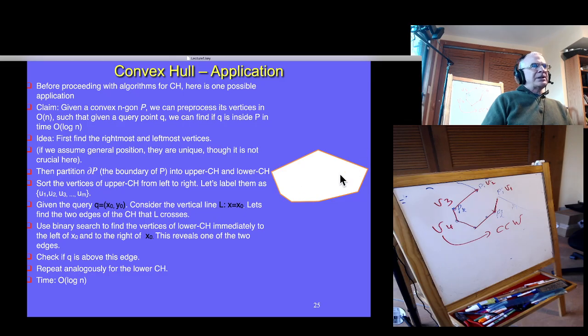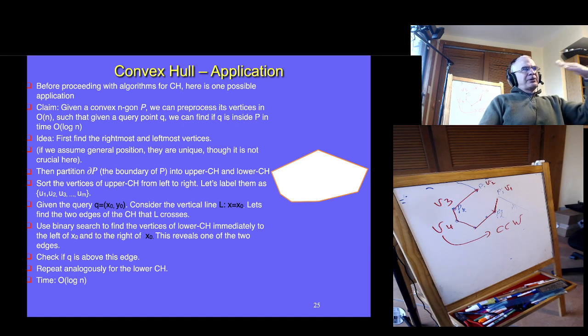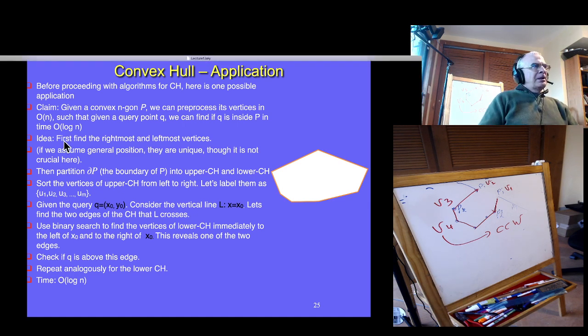In 2 dimensions, it's pretty much the same thing. And your first attempt in the pre-processing, in the part where you prepare your data structure, first we'll find the rightmost point and the leftmost point.